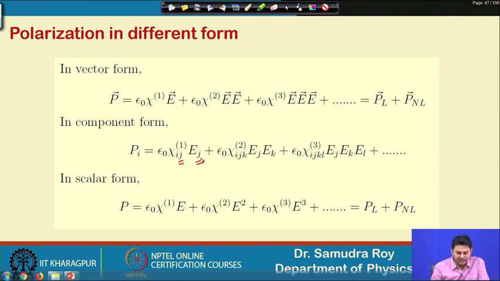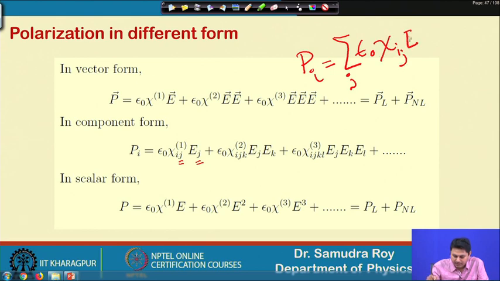If the indices are repetitive, that means essentially we are summing over them. So, if I write Pi in a more general way, I should write it as a sum over j of epsilon 0 chi ij and then Ej. This i is the ith component, but here this j is a summation.